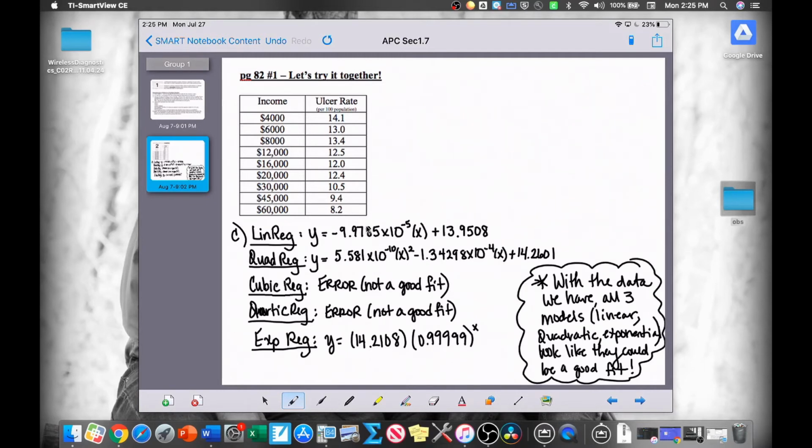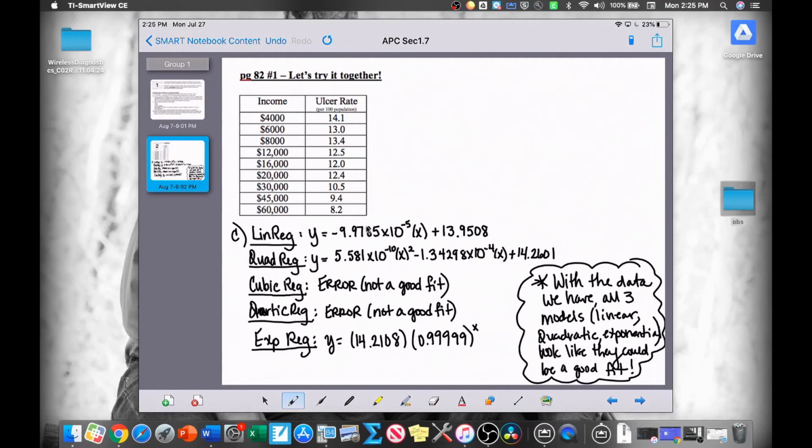Okay? So now we're kind of done with the calculator at this point, except for doing some more calculations, but we're done with the regression models. You're going to be doing this multiple times as you practice the bookwork, but now we're actually going to go ahead and finish number 1 from page 82.